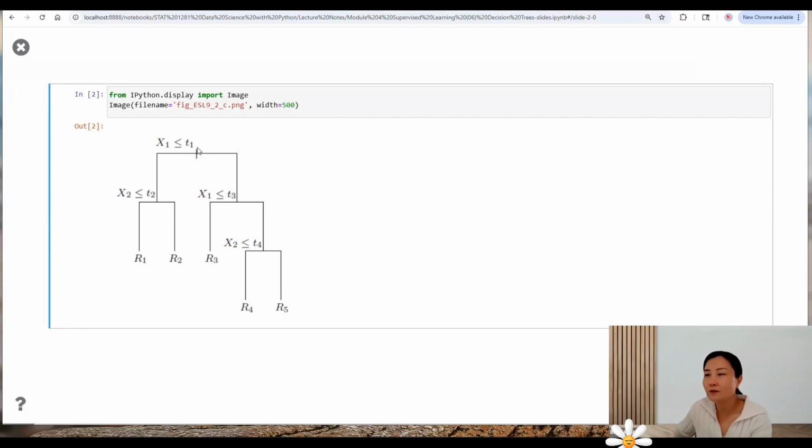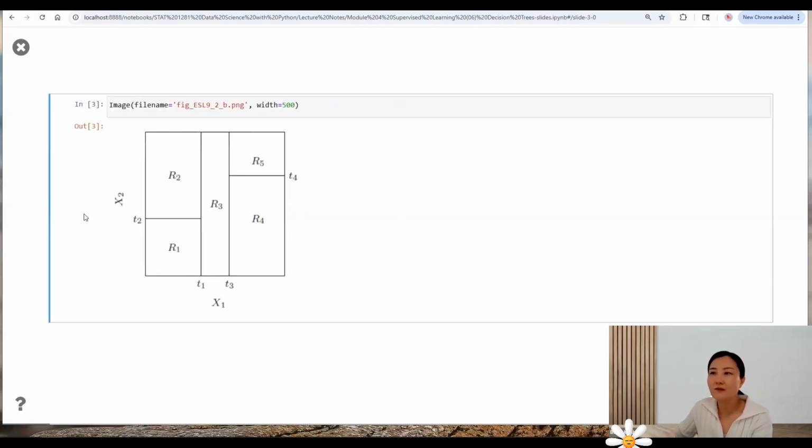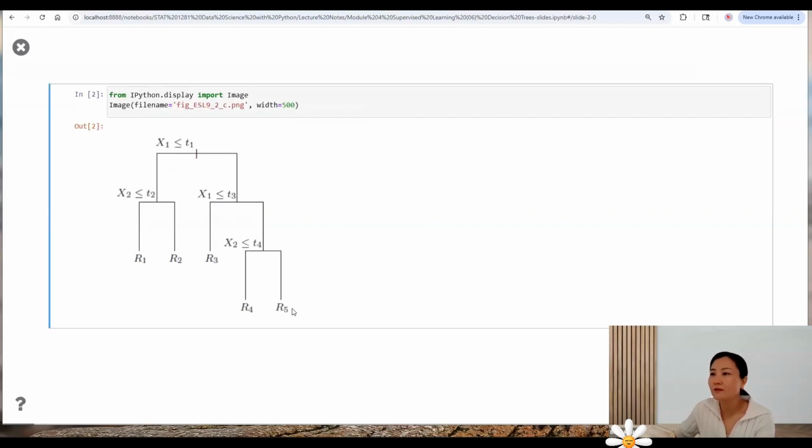You see, x1 is used here and also here, and x2 is used here and also here. So this is the result after the tree is constructed. The overall training data points are split into 5 regions corresponding to the 5 leaves here.